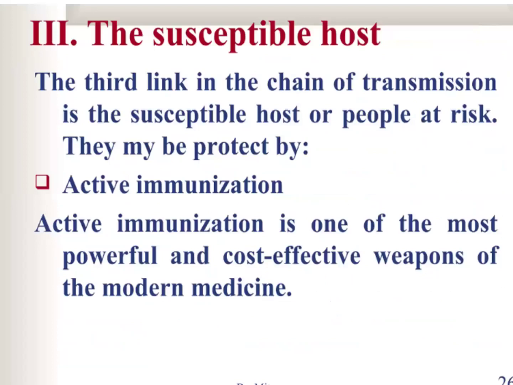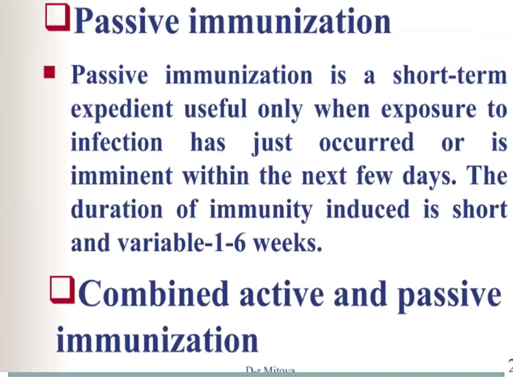The susceptible host, the third link in the chain, may be protected by active immunization, which is one of the most powerful and cost-effective weapons of modern medicine. So what is active immunization?